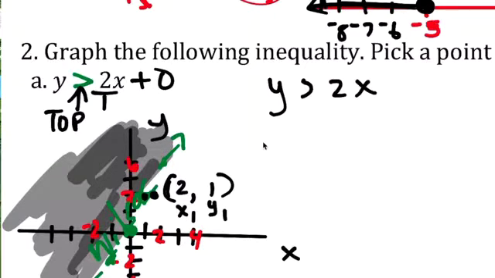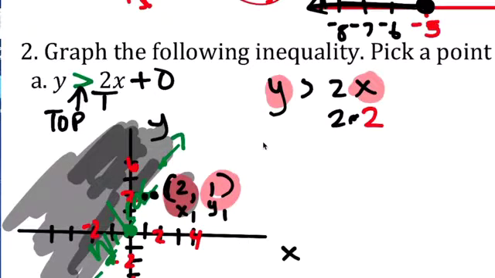So you substitute this 2 here for the x right there. So this is 2 times, instead of x, you put 2. And then for this y right here, you put this number 1 right there.